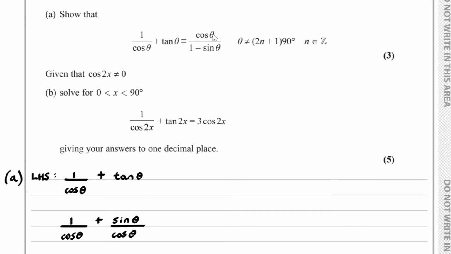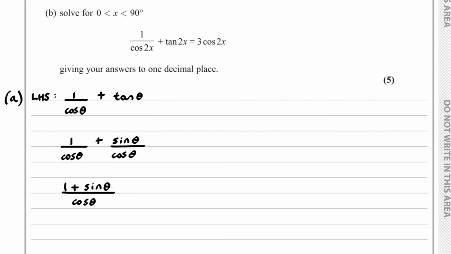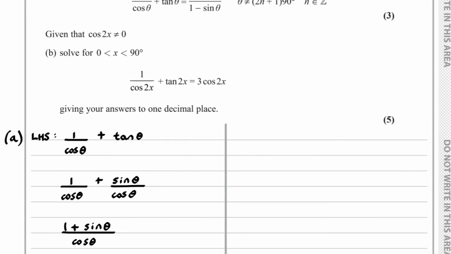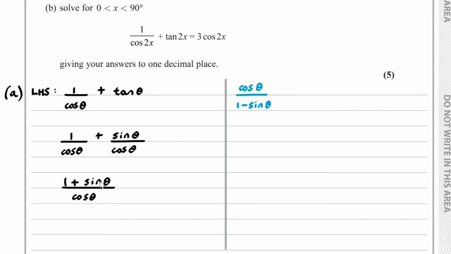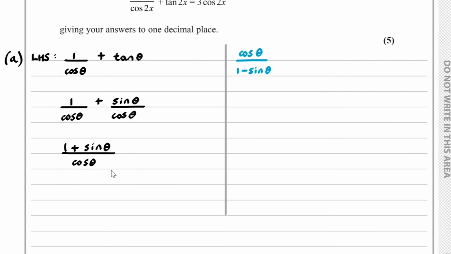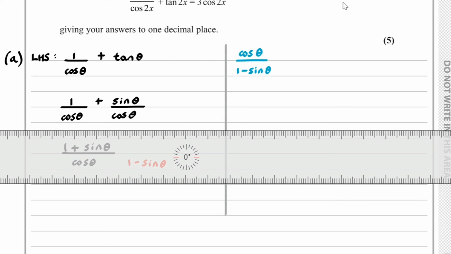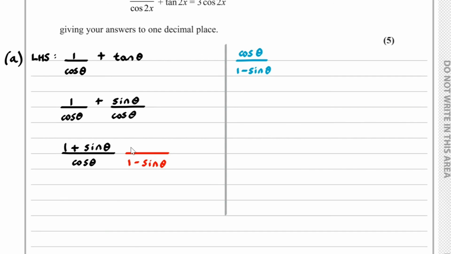Now, if I pay attention to what I have over on the right hand side, we have cos theta divided by 1 minus sin theta, and if we think about how we could end up from here to here, well, because I've got a 1 minus sin theta on the bottom, if over here we have a 1 minus sin theta on the bottom, that means on the top I also need a 1 minus sin theta to maintain equivalence.